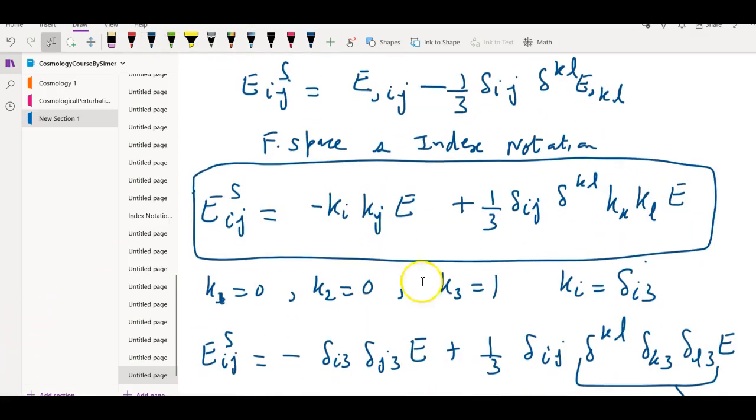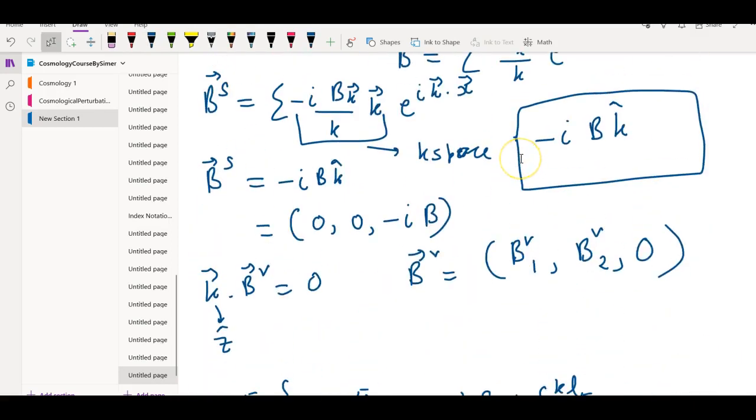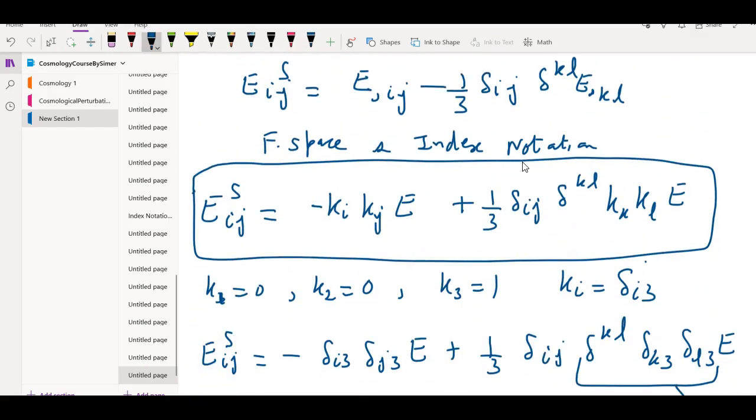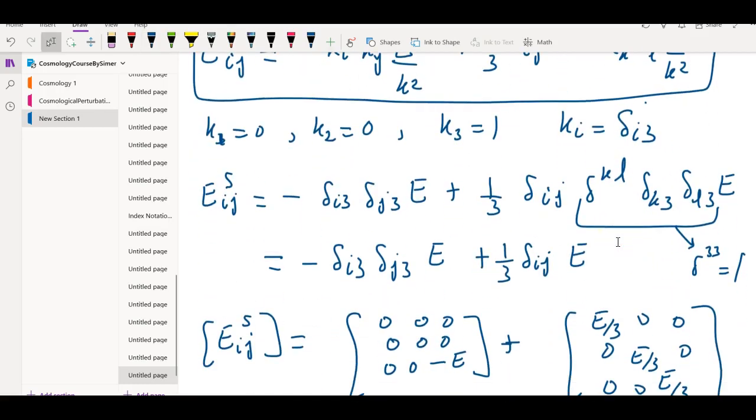Sorry, I want to make another correction, that as per the convention which we are using, instead of E, we are using E by K square. It won't make any difference here, but still, E by K square.